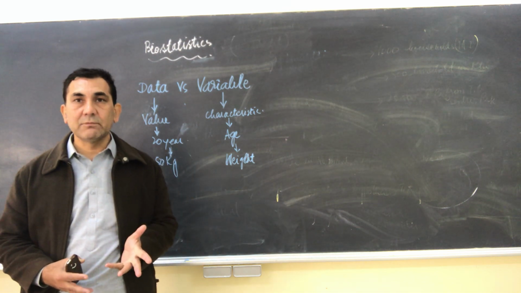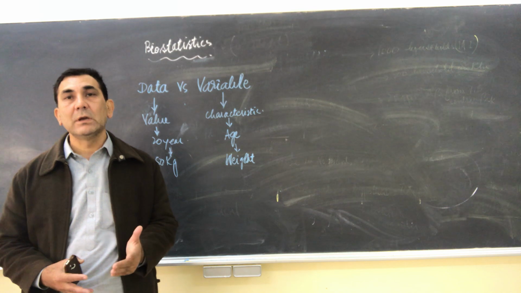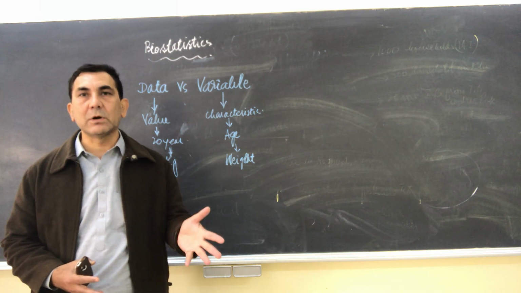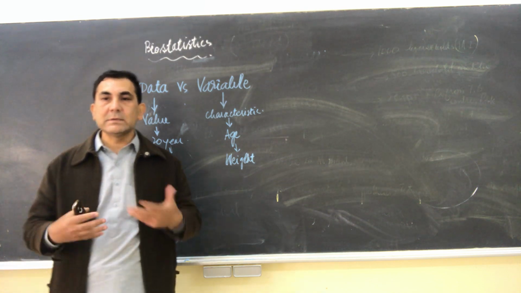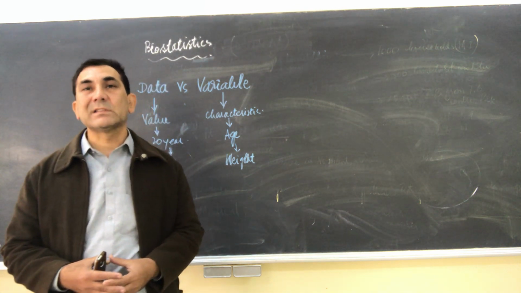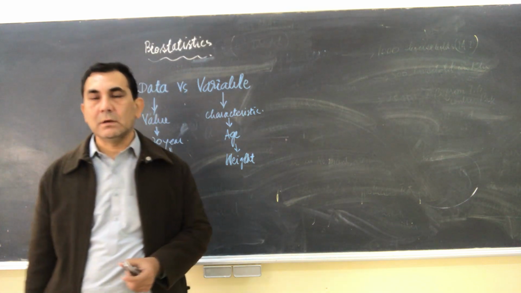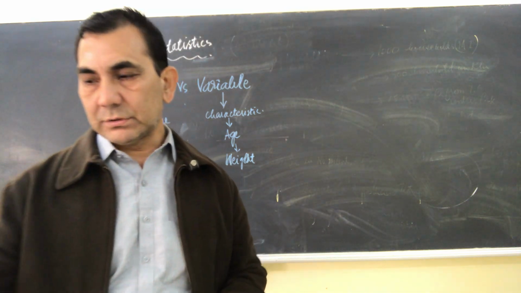From which source of water are they drinking, from ponds, from the river, from the watercourse, or from the hand pump? These are all about surveys. In surveys you are collecting information by natural observation.